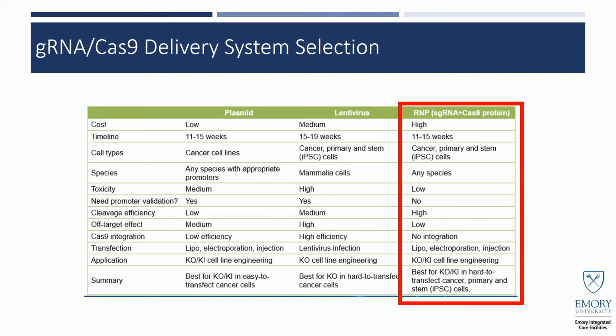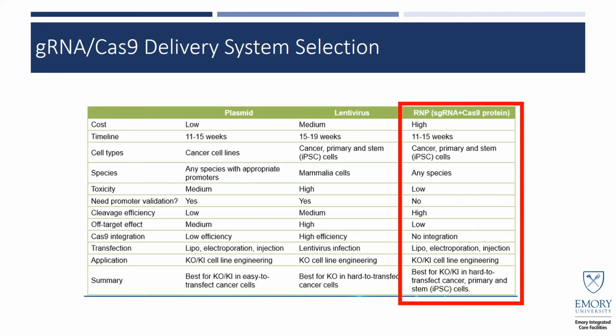The advantage is that it's really good for regular cell lines, iPS cell lines, and primary cell lines. You can use it with lipofection transfections or electroporation. This complex is not integrated, has very low toxicity, and has very high turnover, so you get very low off-target effects.